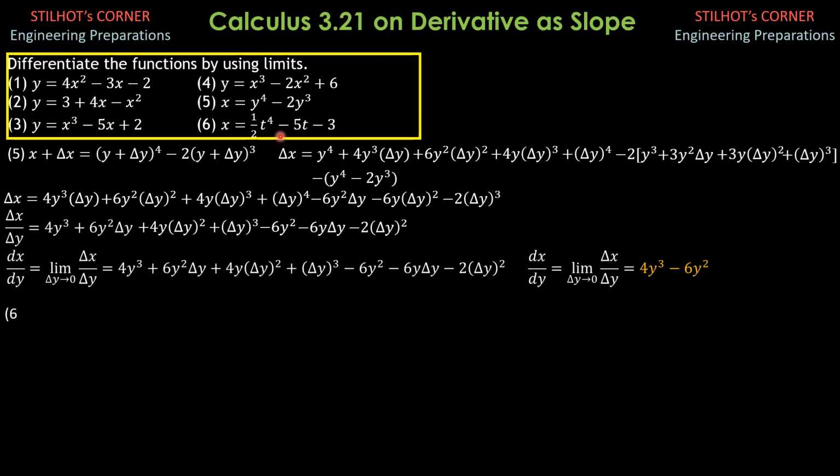Then finally, number 6, x plus delta x is equal to 1/2 of quantity t plus delta t to the fourth minus 5 times quantity t plus delta t minus 3.